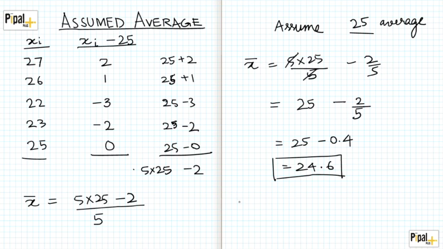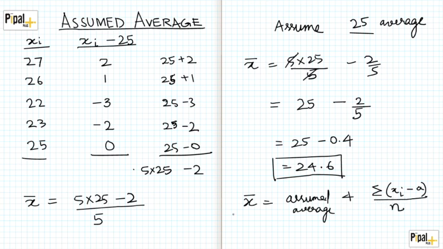The actual average is the assumed average plus the sum of xi minus the assumed average, divided by the number of data points. So this makes it a much faster computation than adding each data point and then dividing the sum by the number of data entries.